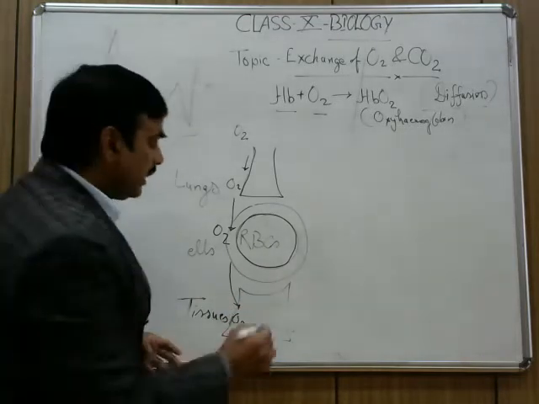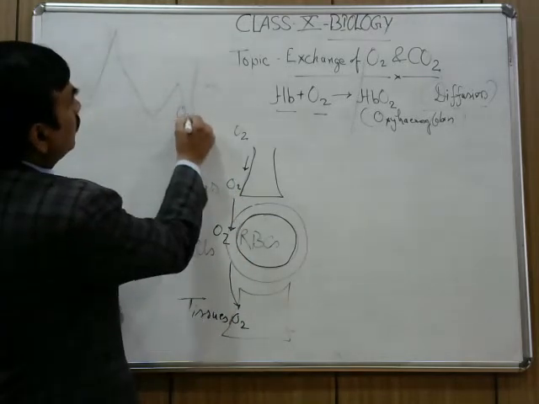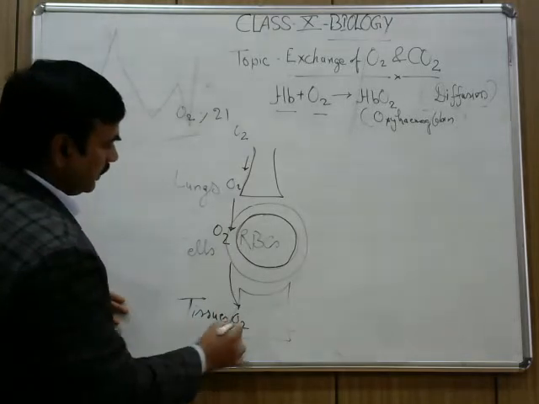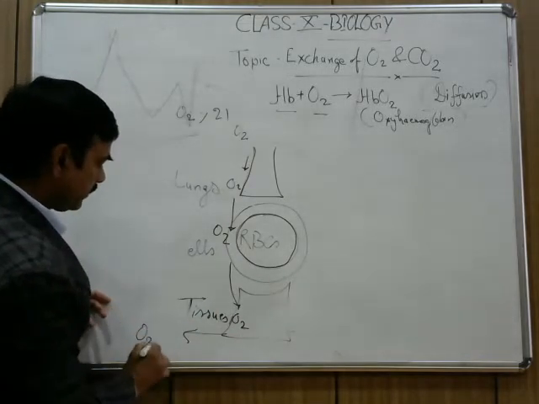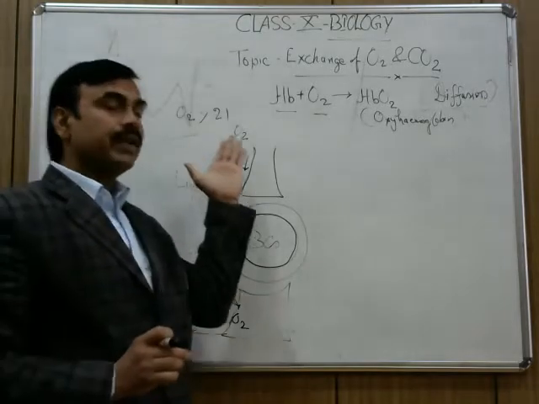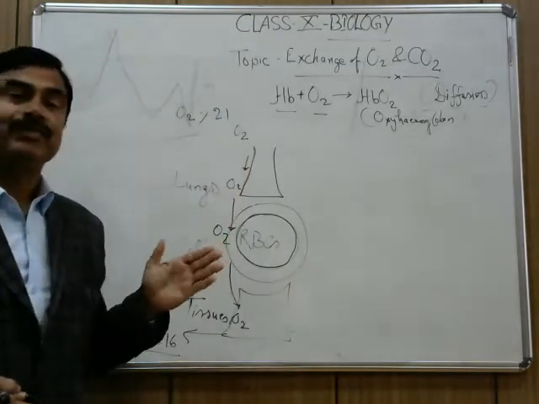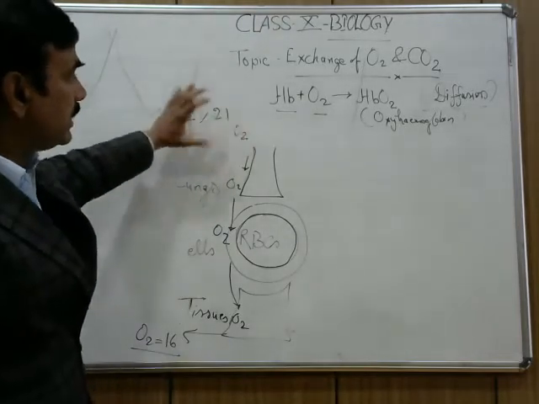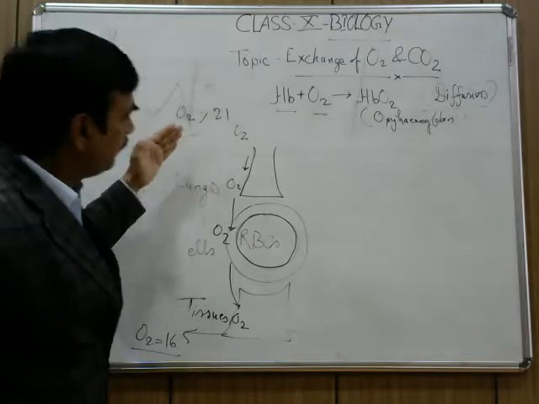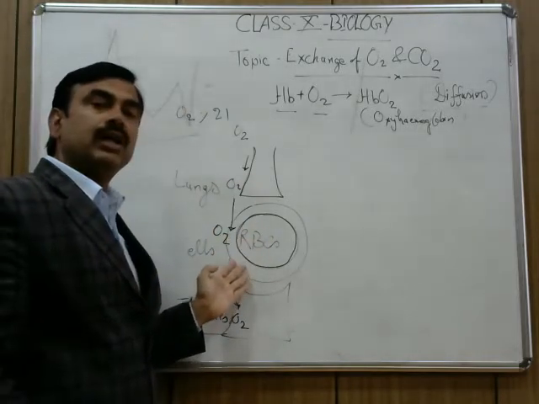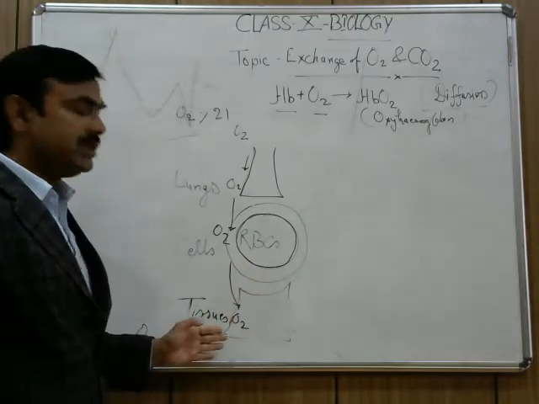tissues. But here you will see the O2 percentage is 21, and then the O2 percentage is 16. Because of this difference in concentration, it is moving to the lungs, then after the lungs it is reaching the red blood cells, and then it is reaching the tissue.